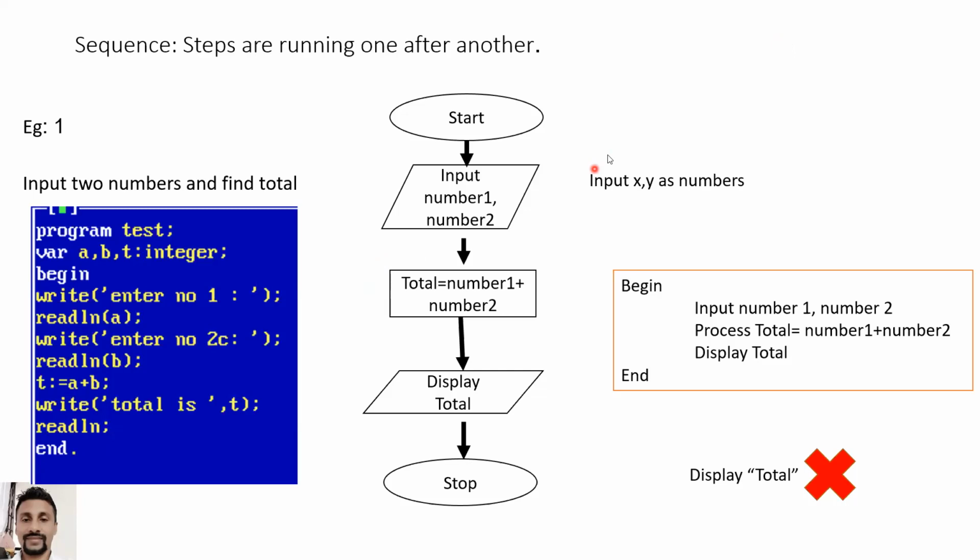Usually with readln, if you put a variable, it will take whatever value you enter. Here I don't want to enter anything. Till I press any key on the keyboard, it will hold. That is why I am using readln. Okay, I'll go to the next slide.